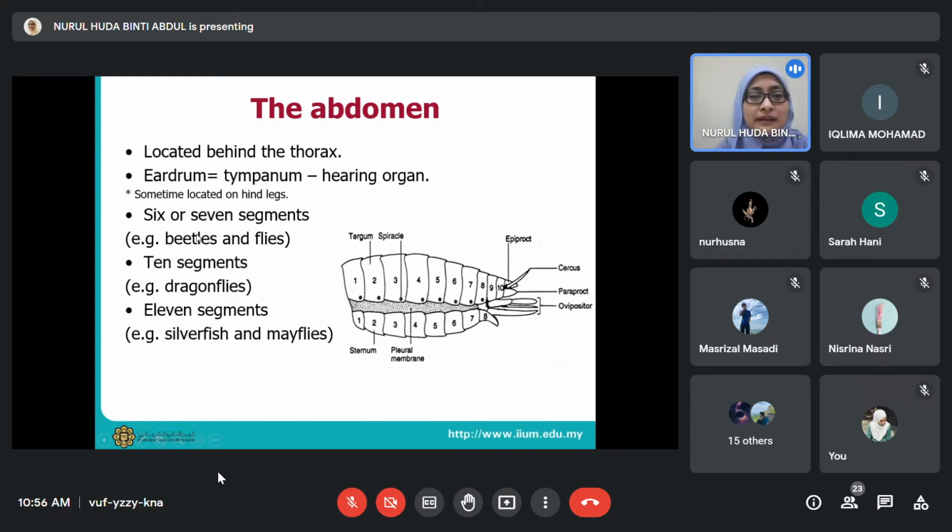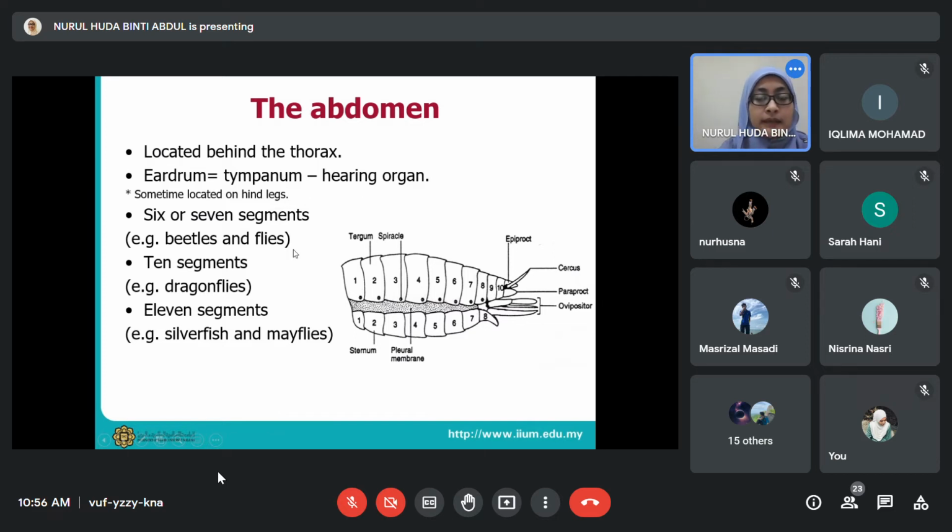Okay, so they have tympanum, which functions as an ear, not an ear, but functions as a hearing organ. So sama function macam telinga. And here I put it sometimes located on the hind legs. Tadi kan kita dah tengok. But most of the insects, not all, but most, it is located on the abdomen.